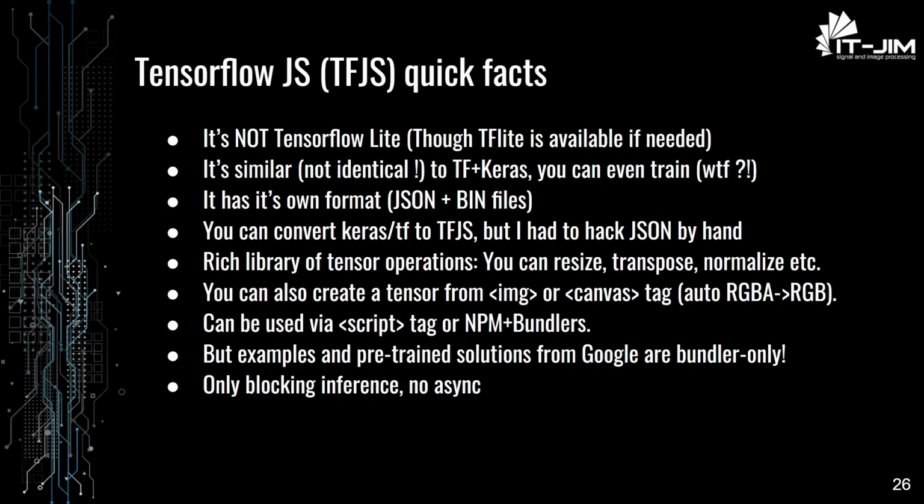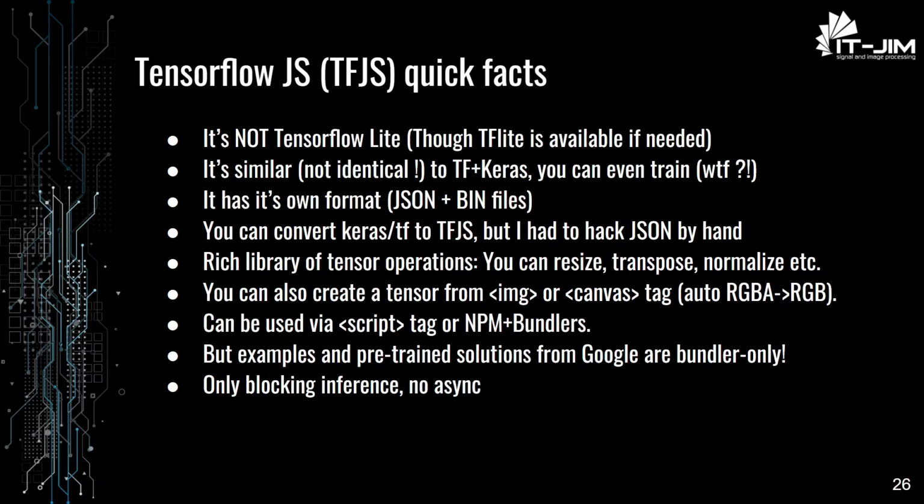TensorFlow JS has a rich library of tensor operations, and you can resize, transpose, normalize, etc. You can also easily create a tensor from an image or canvas, the HTML element, and the library automatically, for example, transforms RGBA into RGB.